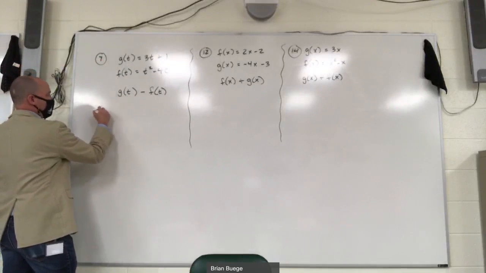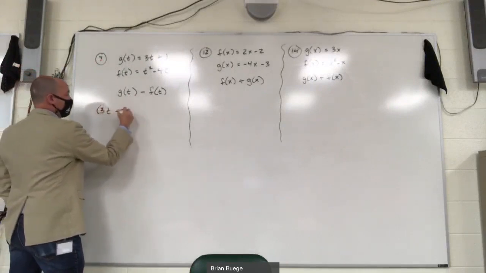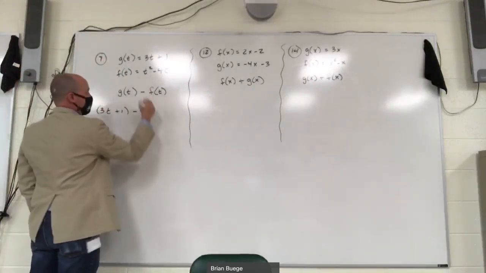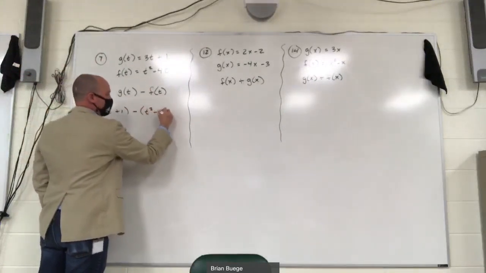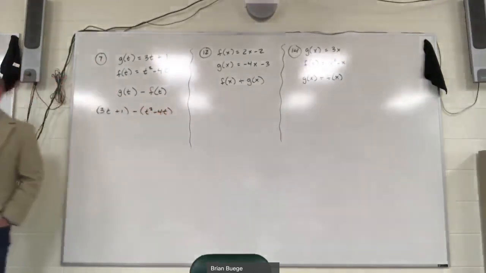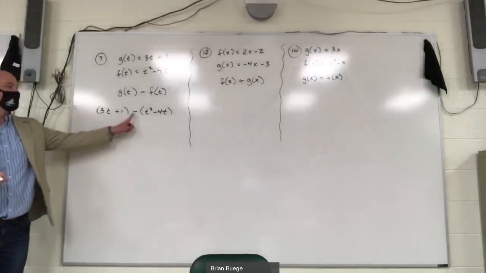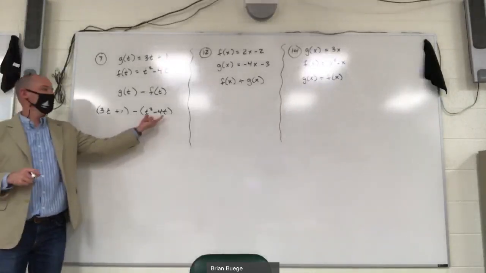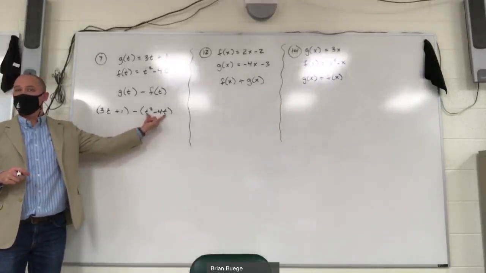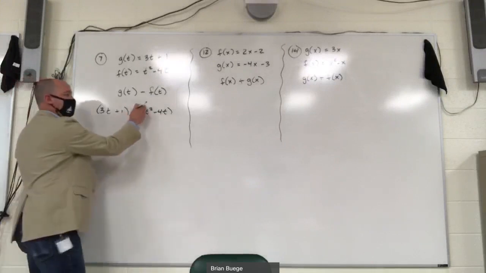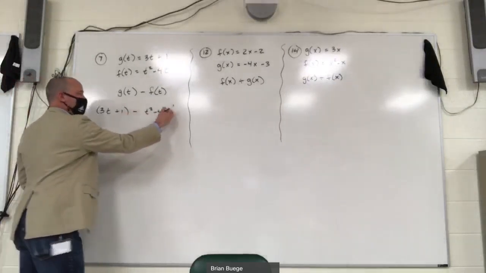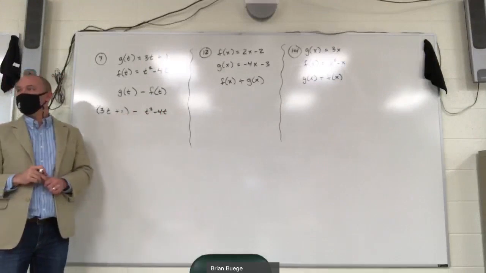If we have g of t as 3t plus 1 minus f of t is t squared minus 4t. Remember, when you're subtracting functions, you're subtracting the entire quantity, okay? Some people, when they went through and did this problem, wrote it like this, and therefore, what's the mistake?